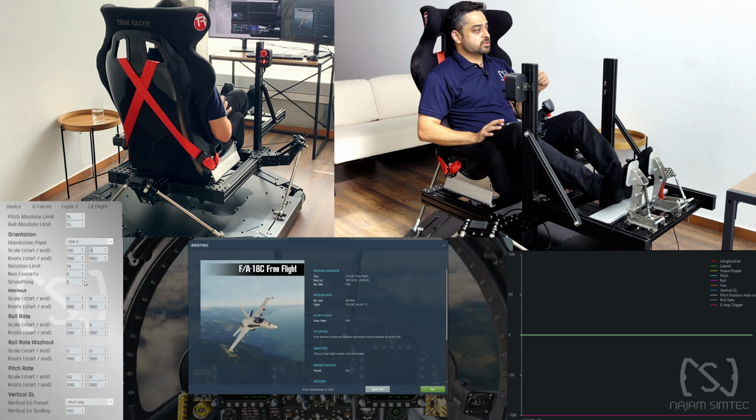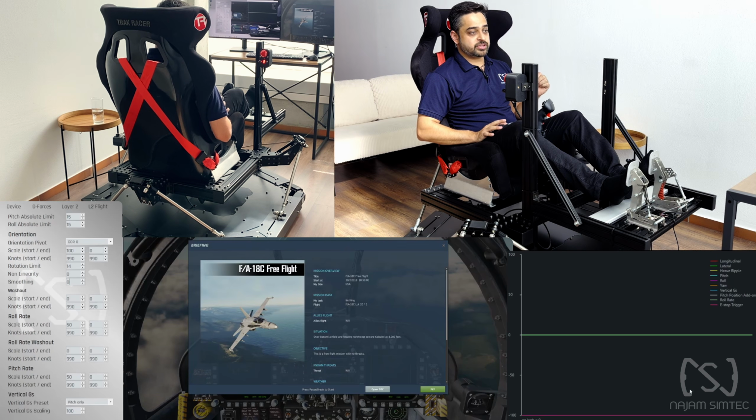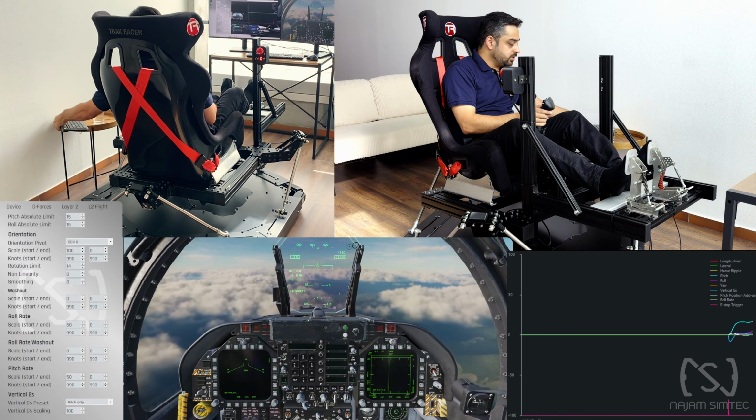So I've set everything to 0. I'll also set my smoothing to 0 for now. Let's just go for that. Let's see how the motion behaves one-to-one with the aircraft orientation. And you'll also see in the telemetry signal when we run into saturation.